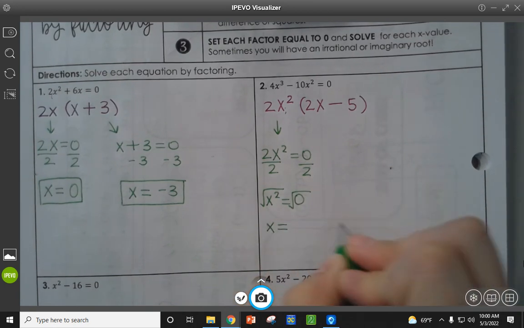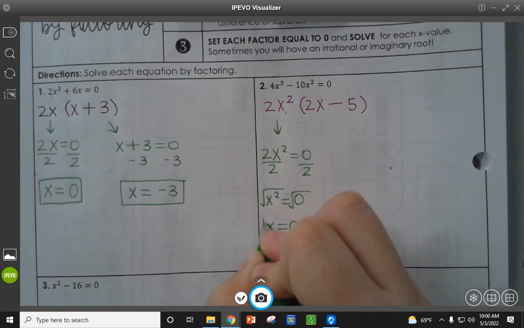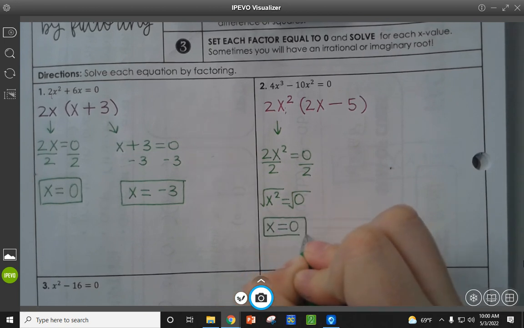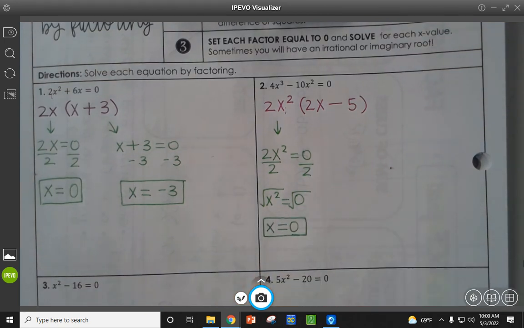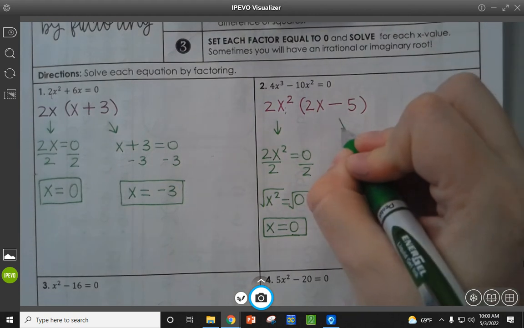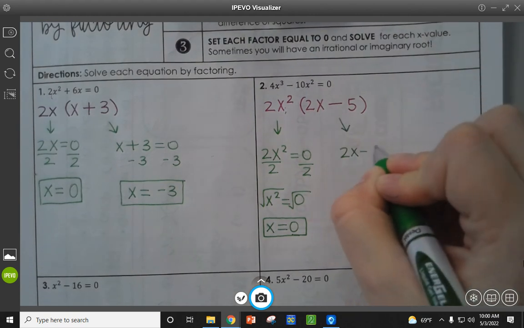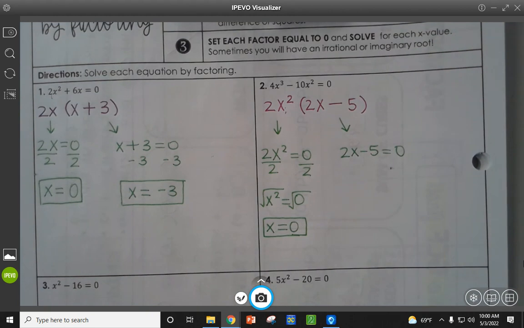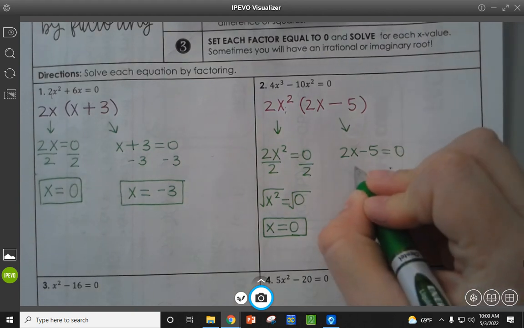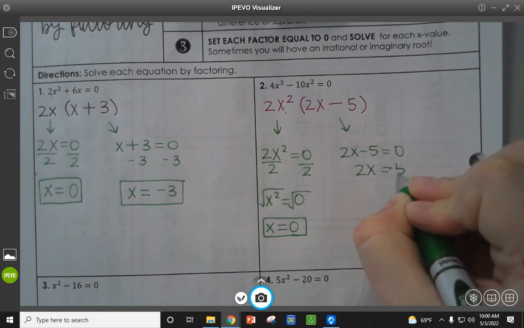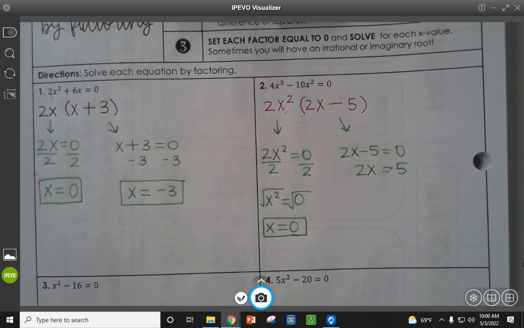And what is the square root of 0? 0. Then we have 2x minus 5 equals 0. So we add 5. And 0 plus 5 is 5.